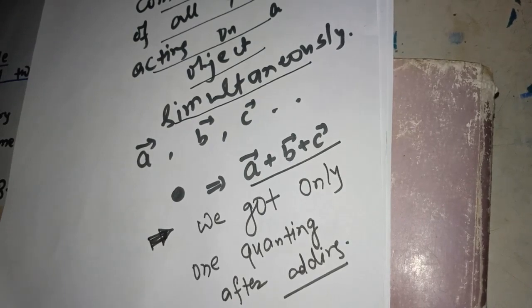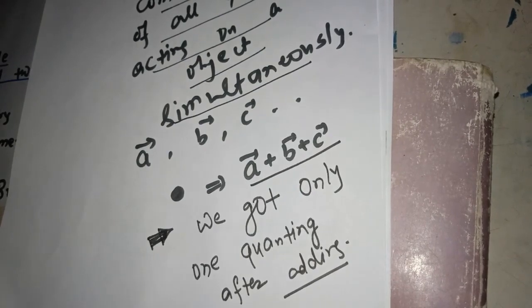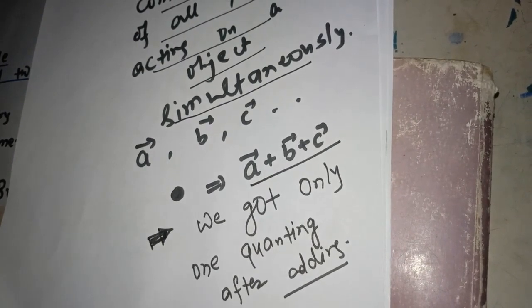Yes or not? Means if you add 4 and 2, two quantities are added and we got 6, one quantity. Similarly, if we add two vectors, or more than 2 or 3 vectors, many vectors, then we got only one vector, because you think in a real perspective.